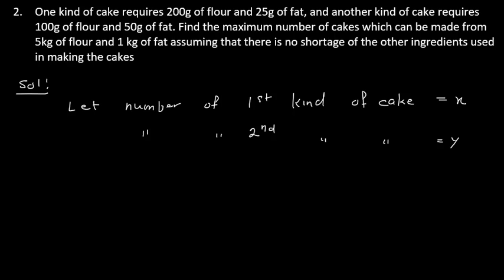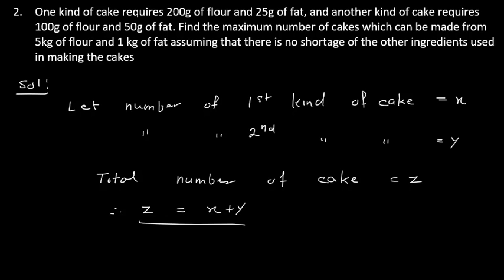So I will consider Z as the total number of cake. Suppose we represent this with Z. So therefore Z is equal to X plus Y.